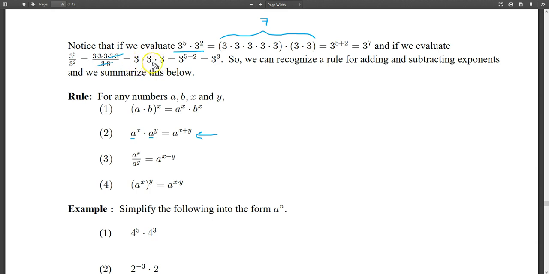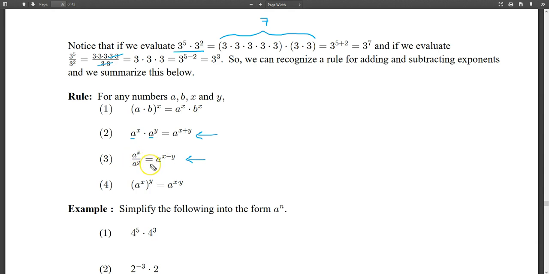Well, notice this is 3 cubed, or 3 to the 5 minus 2. If we had subtracted the 2 from the 5, we would get 3 cubed. And so that's this rule: if you have a to the x divided by a to the y power, that's a to the x minus y. You subtract the exponents when you have a quotient like this.